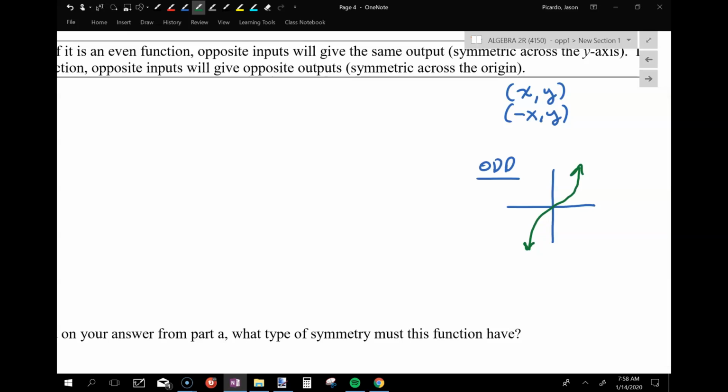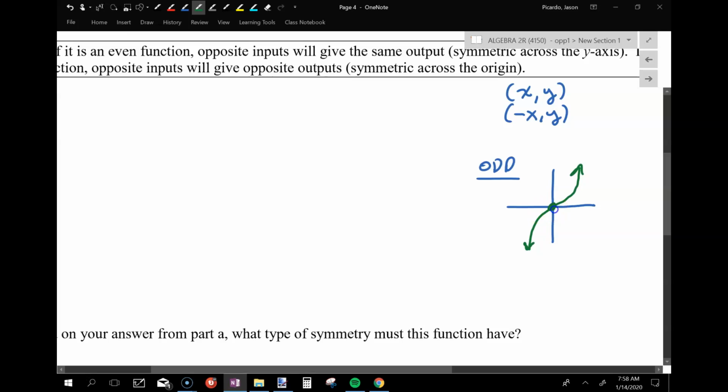It's a reflection in the origin, Brandon. And the way that I told you to remember this is if your function looks the same upside down as it does right side up. If it looks identical, and it goes through the point (0, 0), it has to go through this point, guys, to be odd. Then you have an odd function.